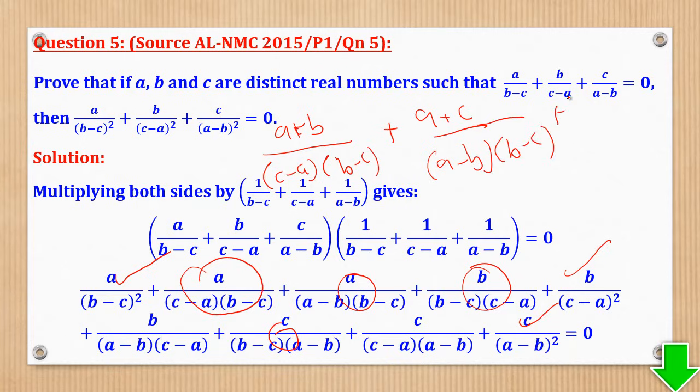Okay. Then what else? The other one is this one, A minus B, C minus A. A minus B, C minus A. So it is B plus C over A minus B, C minus A. Like that.